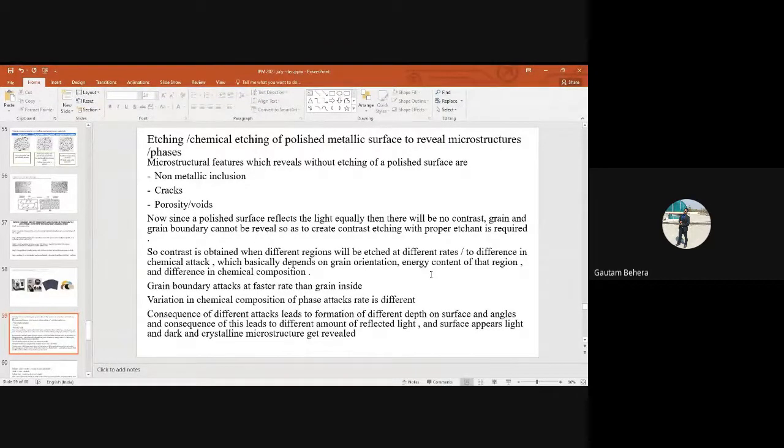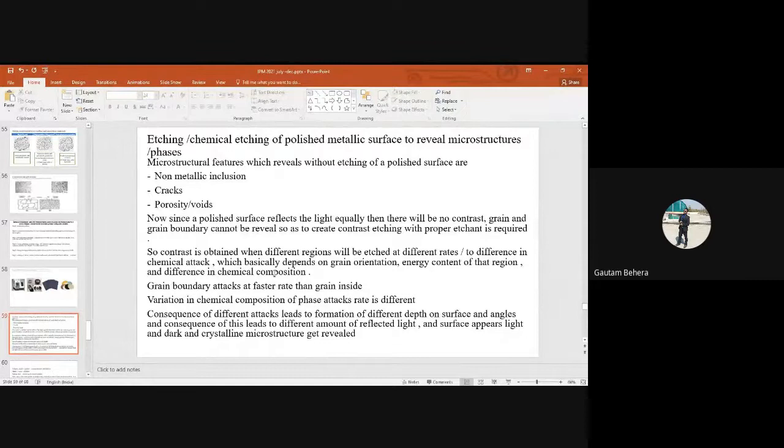So what are the main reasons? Here I have mentioned: difference in chemical attack, which basically depends upon grain orientations. Different grains have different orientations, right? Different orientation leads to different energy of the grain also sometimes. Some regions are of higher energy, some regions are of lower energy.